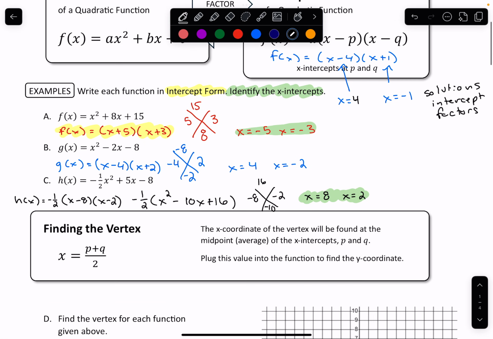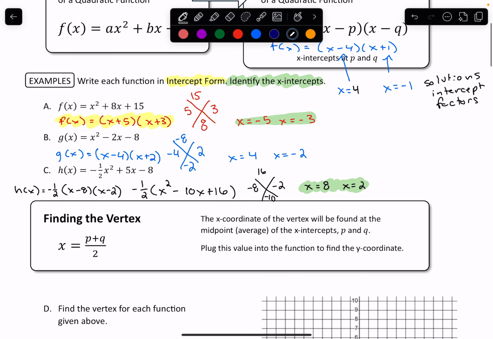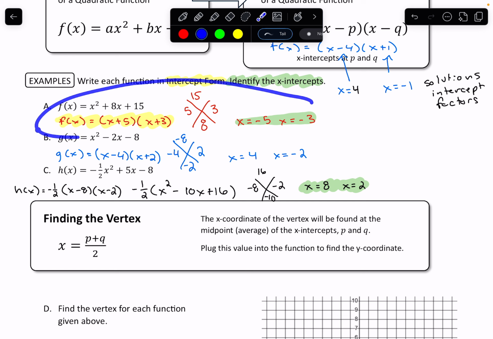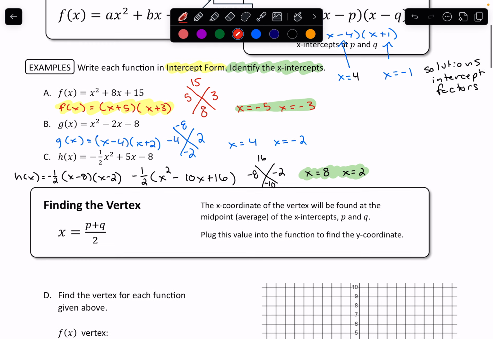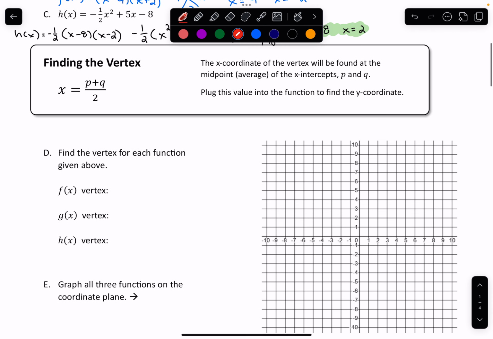Now the second part of this is I don't have enough information to graph my entire function yet. So for example A, my f of x function up here, I know where it crosses. I know that it crosses at -5 and -3.